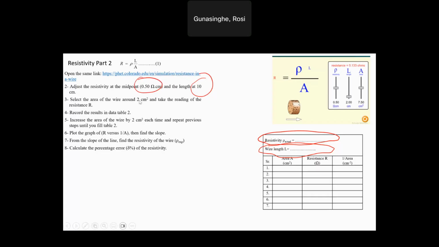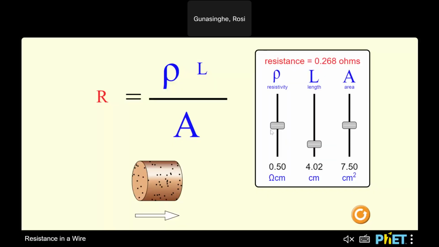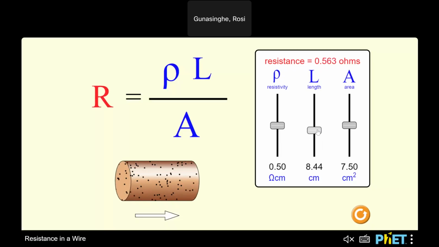So we'll go to the simulation. Okay, so we are going to keep the resistivity at 0.5 and length at 10 centimeters.